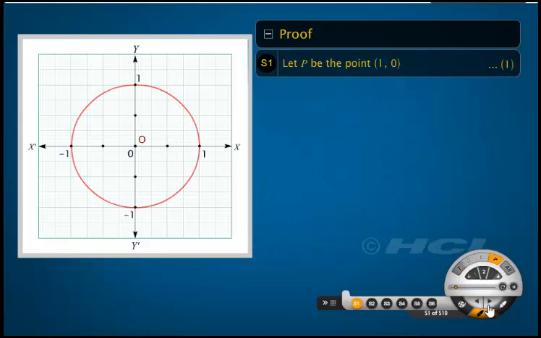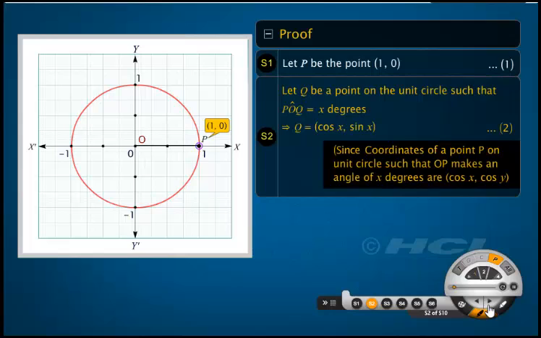Let's consider a unit circle with center O at the origin and P as the point 1, 0 on the unit circle. Point P lies on the x-axis. Next, let's take a point Q on the unit circle so that the angle POQ equals x degrees.